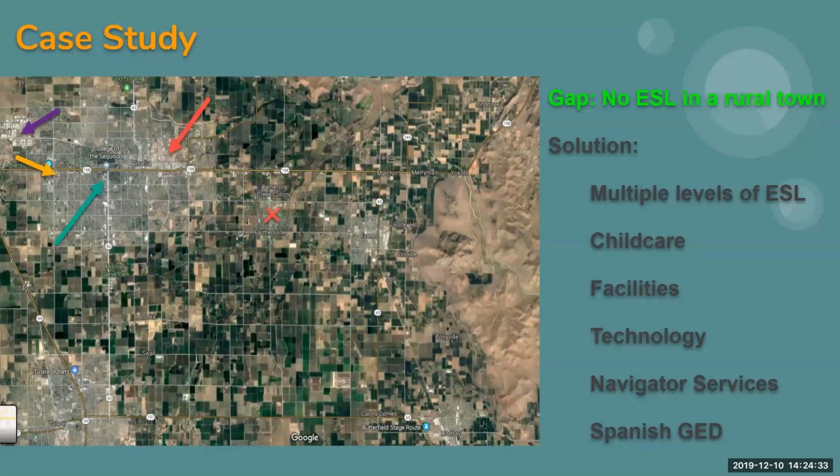Now, the adult school does Spanish GED, but for the sake of this project, they gave up wanting to offer that so that the CBO could come in and do it, and then they could focus their resources on intermediate and advanced ESL. The local district took care of childcare, and then I leveraged my regional adult ed consortium navigators to provide guidance and supports and referrals to the students engaged and help move them between the programs there and other resources available in the community.